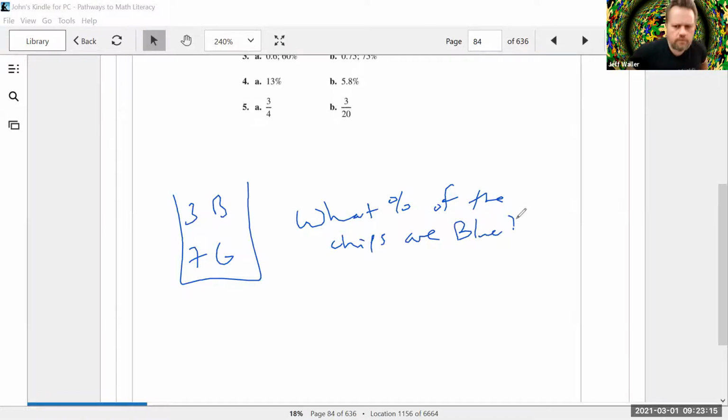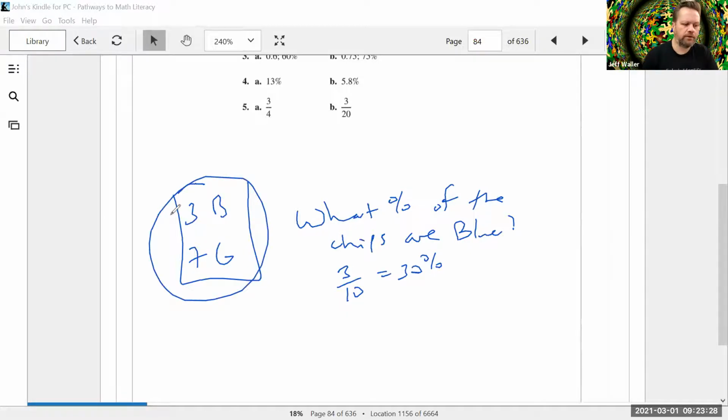So 3 out of 10, so 30% of the poker chips are blue. If I reach my hand into that bag, what is the probability that I get a blue poker chip? 30%. Is that okay? Let me go one step further, and then I'll drop this.